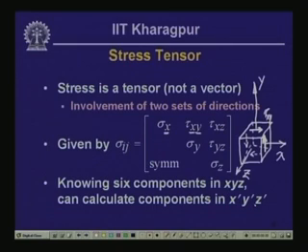Now, you should also notice that all the 4 shear stresses in this case are going to be called tau xy, in spite of the fact that the shear stress acting on the bottom horizontal plane, which is acting leftward, is also going to be called tau xy.